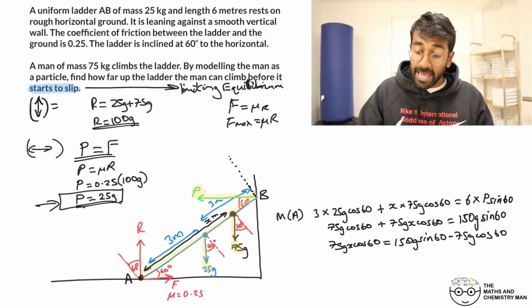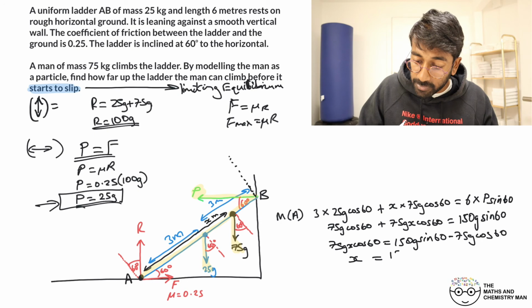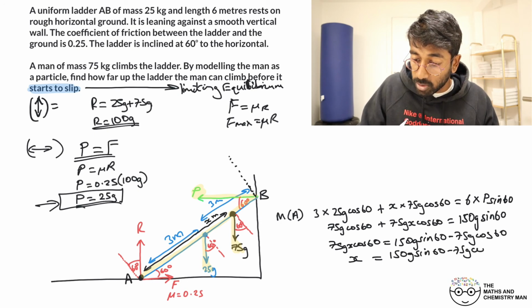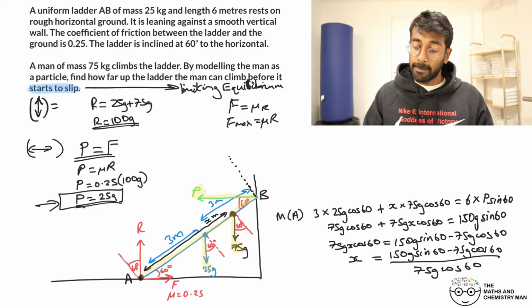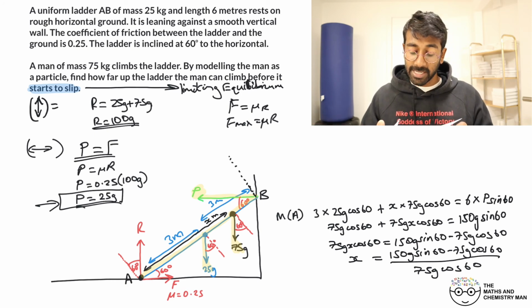And then finally, to get X, what do we need to do? Well, all of this minus 75 cos 60, all divided by 75G cos 60. There we go, that's going to give us what X is.